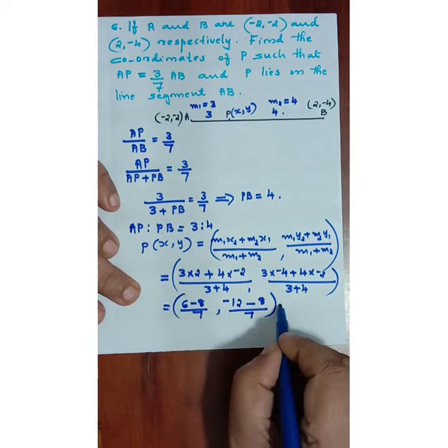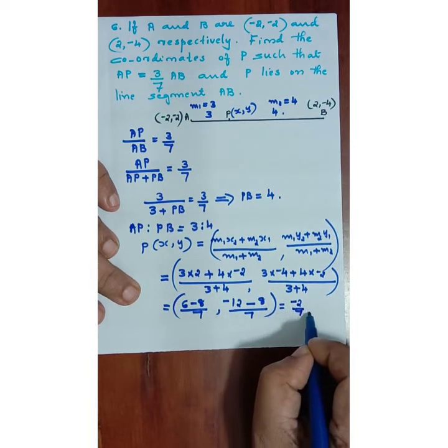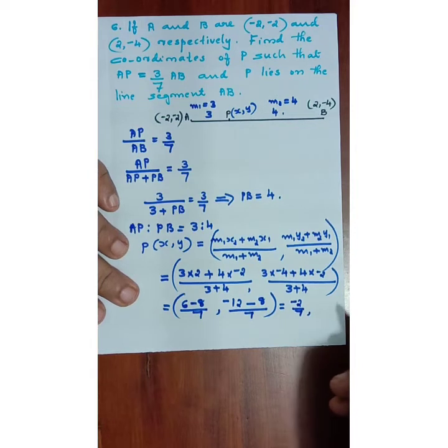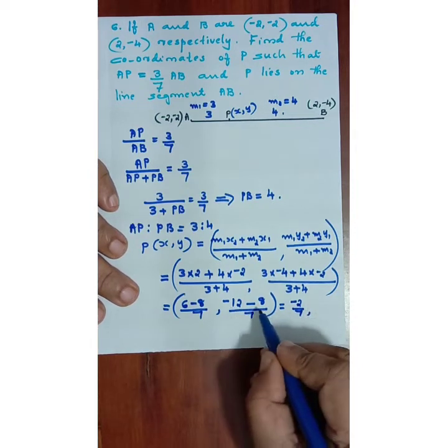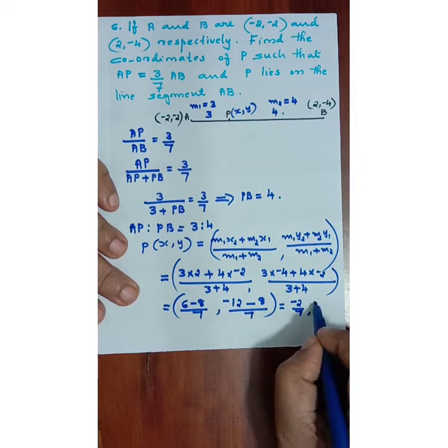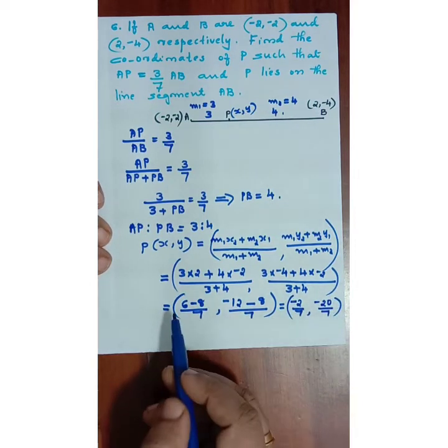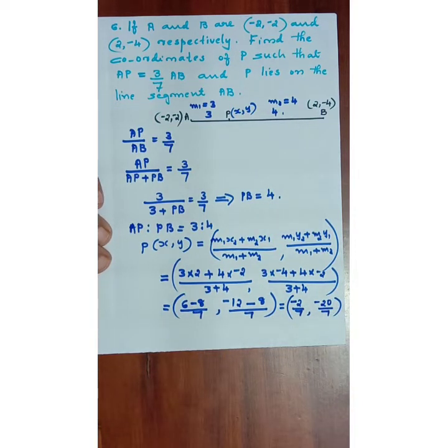So what is it equal to? 6 minus 8 is negative 2 by 7, comma, then here we have negative 12 minus 8. What is negative 12 minus 8? That is negative 20 by 7. This is how we got the point. So here our point is negative 2 by 7, comma, negative 20 by 7.